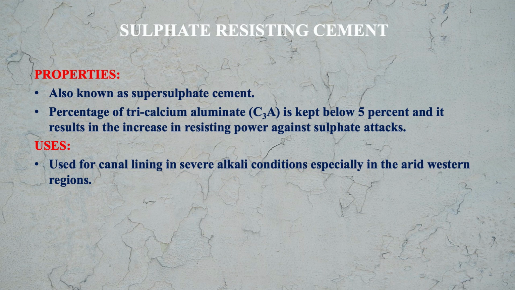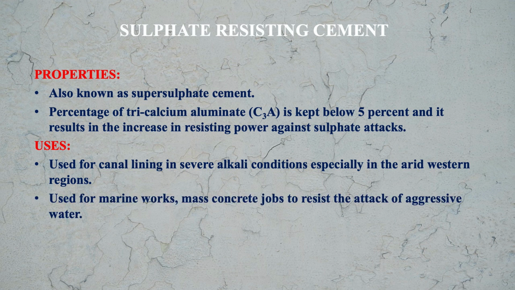Wherever the structure is likely to be attacked by the alkalis, this cement will be used, as in this example of canal lining in the arid western regions of the country. This cement is also used for marine works and mass concreting jobs to resist the attack of aggressive water.